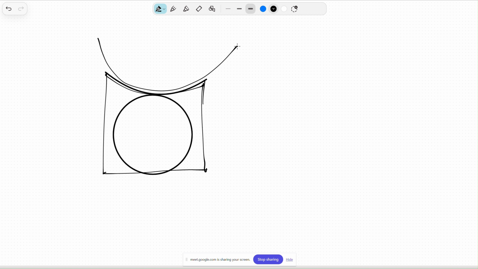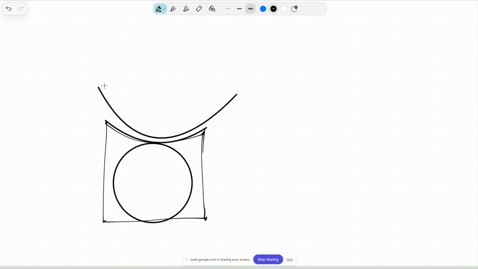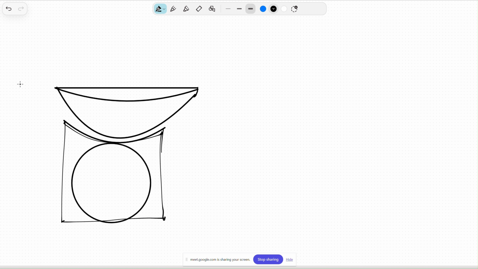So you have something like this. We can very well manage the diagram.